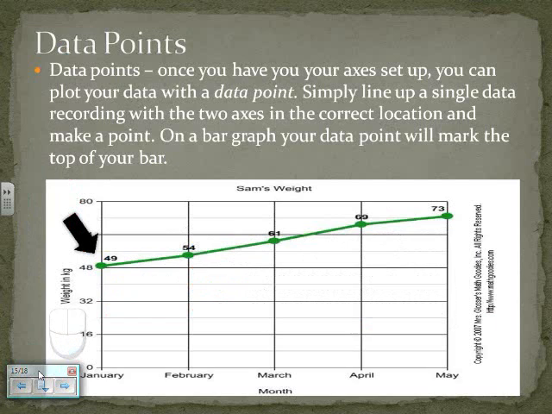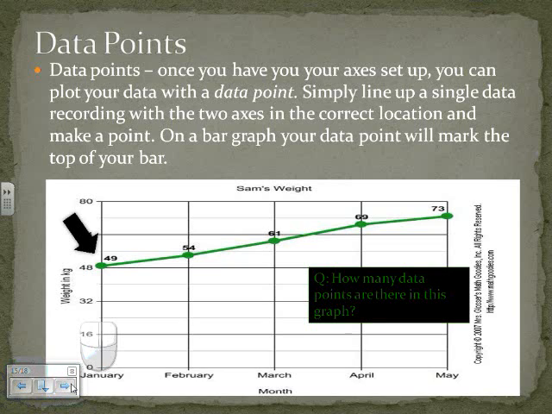The next thing is that once you've got everything set up, it's time to start plotting your data, using data points. A line for our single data recording versus a bar graph. You still need to identify where you're going to mark those specific points on the line or the tops of the bar, and you need to properly plot those data points so that your data is accurate.